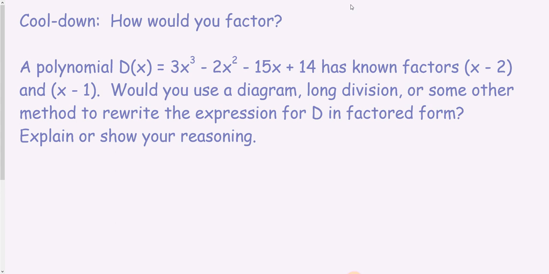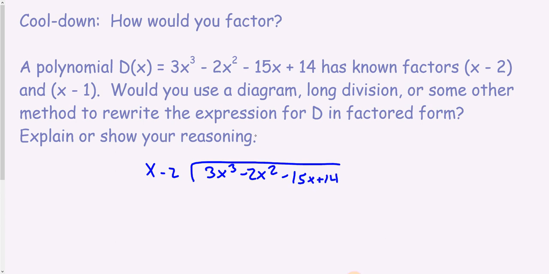I divided x minus 2 into 3x to the third minus 2x squared minus 15x plus 14. What I'd be left with is an answer. And that answer, when factored, would be x minus 1 times something.